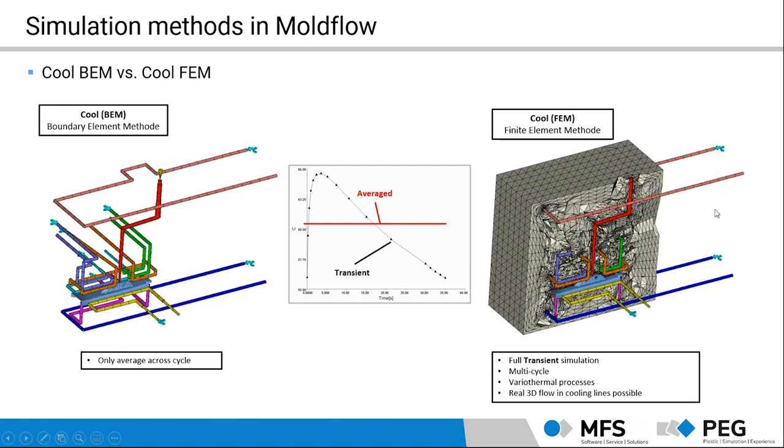And this can also be used for a much wider range of simulations, for example multi-cycle simulations, various thermal processes, and also we can have a real 3D flow in the cooling lines.